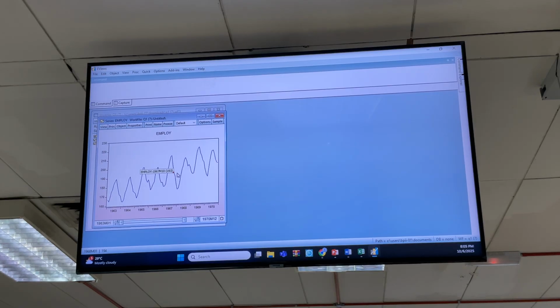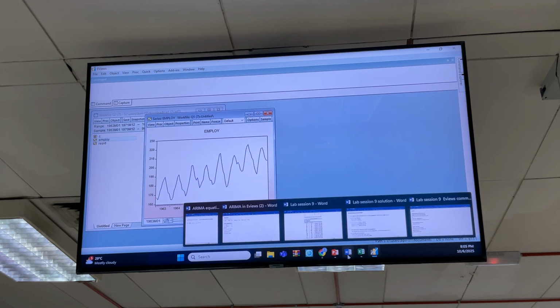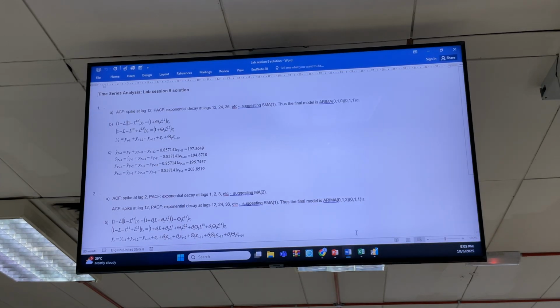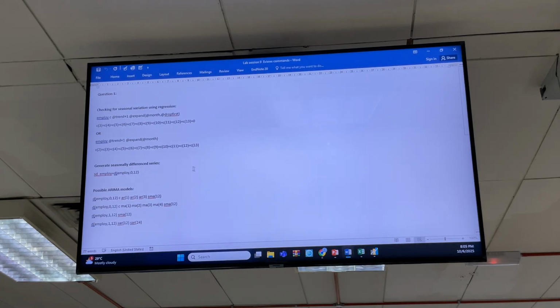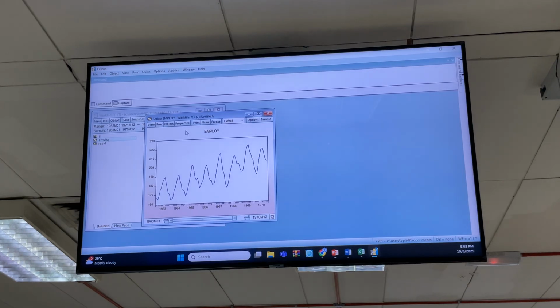To apply differencing, you can do just like before. Use the series name, the function D with brackets, and then 0, 1, 2 for the difference order.